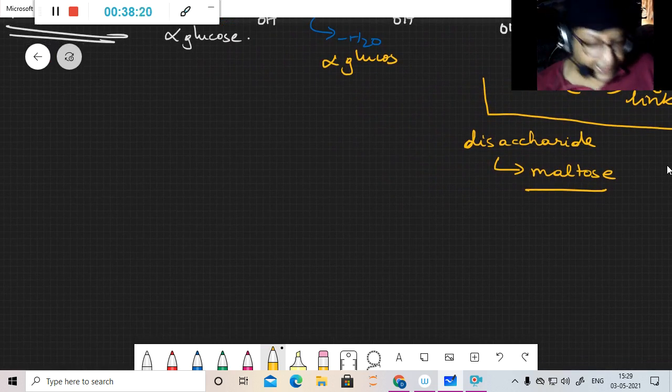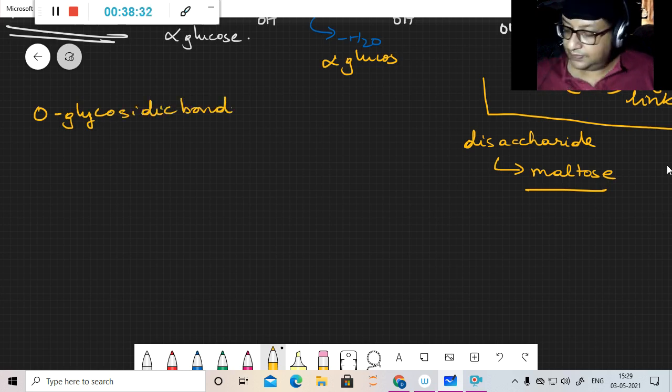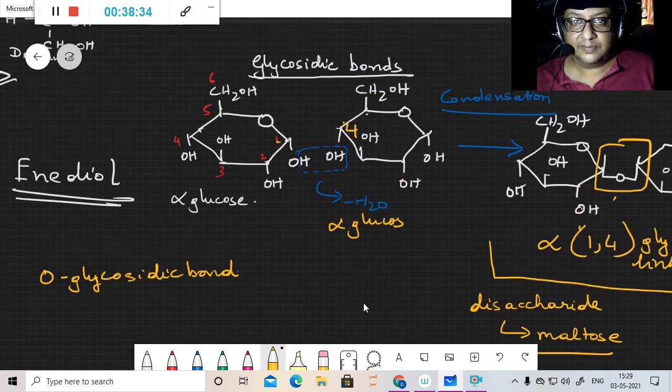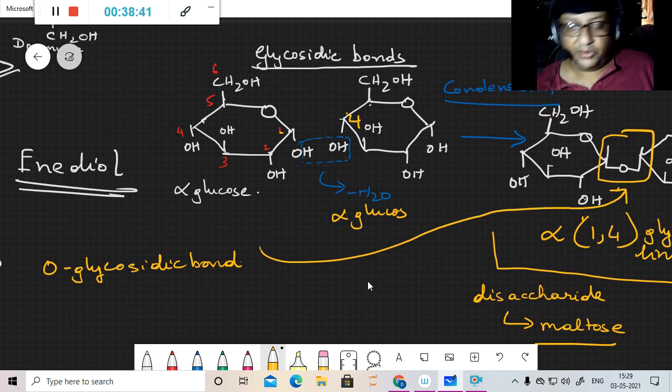Similarly, for other disaccharides, this is also known as an O-glycosidic bond, because there is an O there. This is an O-glycosidic bond over here.